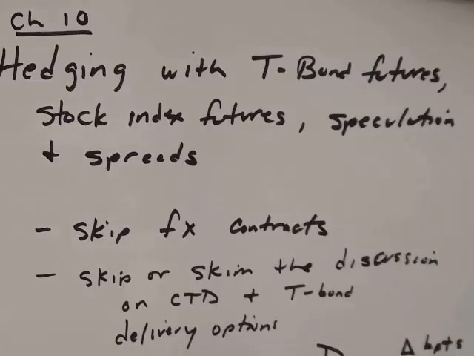Like, for example, the person who has the short position is going to look around and find the cheapest bond to deliver given the 20 or so bonds that are available. That's what cheapest to deliver means. But you have to remember that in the Treasury bond futures contracts, there's price adjustments for such things.